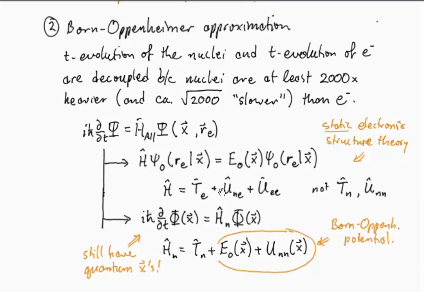Now, once you have, at any given position, the ability to find the ground state potential energy, then we're going to add to that electronic energy the repulsion between the nuclei and the kinetic energy of the nuclei. And that gives us a new effective operator that describes the evolution of the nuclei. And now we can solve the separate nuclear problem. So this is now a Schrodinger equation that describes time-dependent quantum nuclei evolving according to this Hamiltonian.